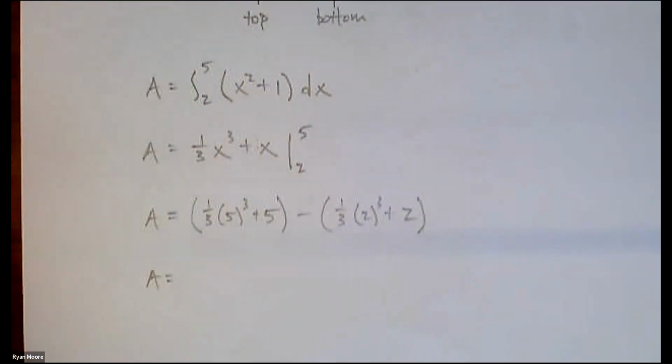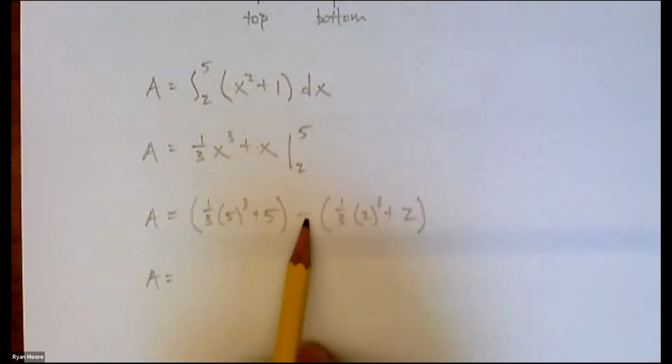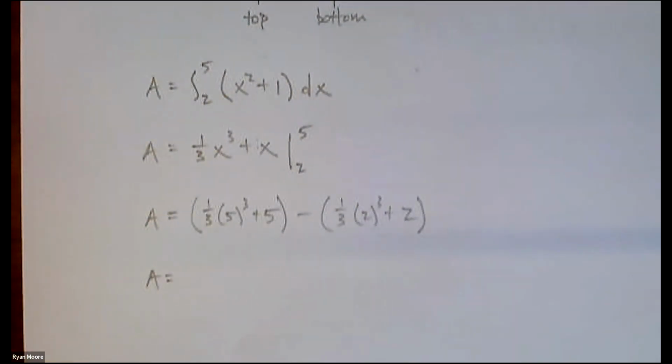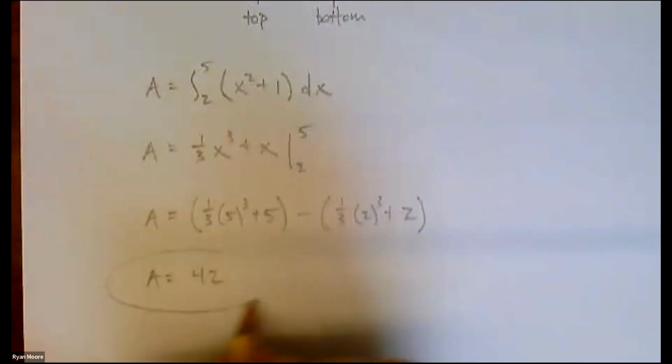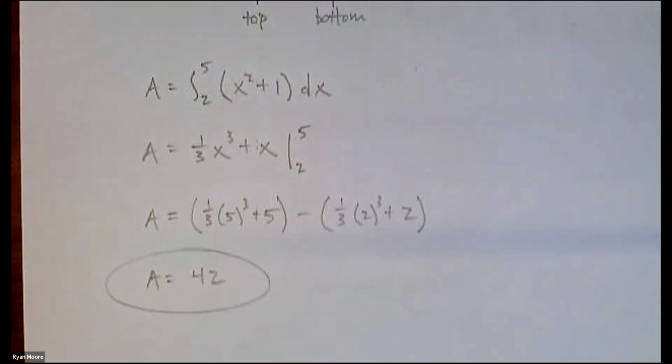Maybe I'll do that whole thing at once. And I can even think that minus sign is going to distribute, minus 2. Turns out it was a nice whole number, 42 is that area, exactly.